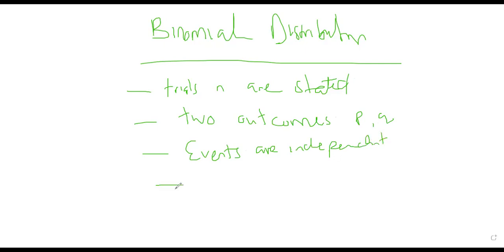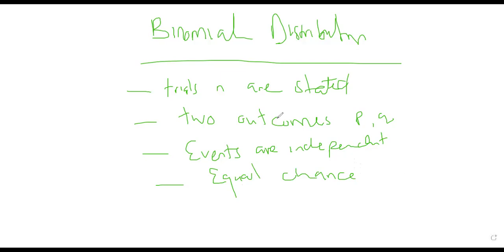Number four, events occur and have an equal chance. So when a machine is selecting items, it doesn't choose which item or which ball has been selected, maybe in a lot.